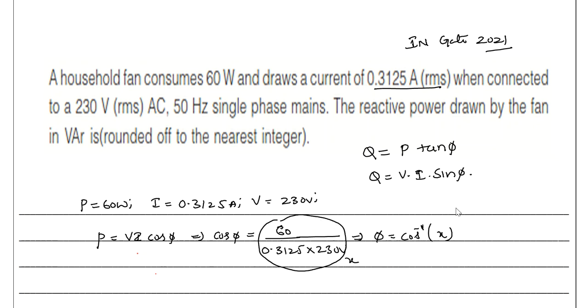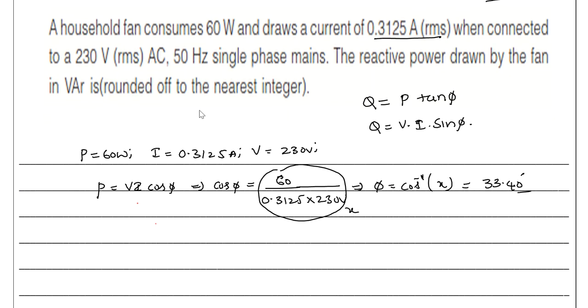Now once you substitute x in the calculator, you will get the phi value as 33.40 degrees. Now simply take this phi value and substitute in any formula. For example, Q is equal to P, which is 60, into tan of 33.40, or you will get the same answer with voltage 230 into current 0.3125 into sine of 33.40.